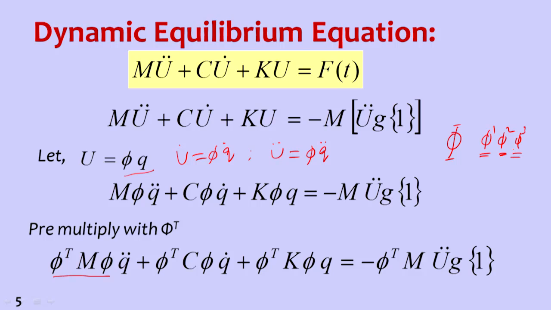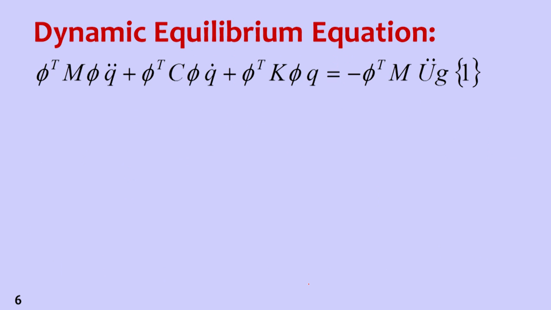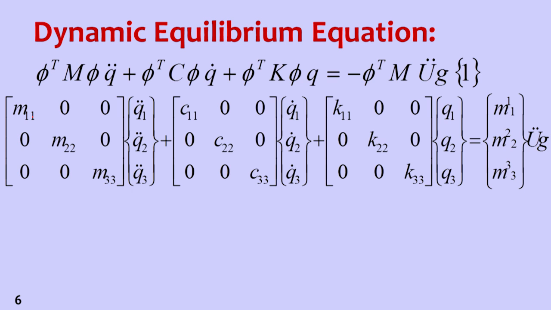If you look at it graphically, you can easily visualize this. Using the orthogonality principle, if we pre-multiply and post-multiply the matrix with the mode shape, we get the diagonal matrix of M, diagonal matrix of C, and diagonal matrix of K. That will decouple the coupled equations. So this is the general equation of motion for a multi-degree of freedom system with mass matrix, damping matrix and stiffness matrix, and we are pre-multiplying and post-multiplying with the modal matrix.